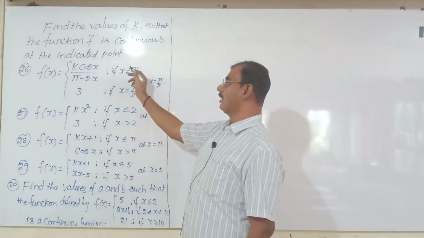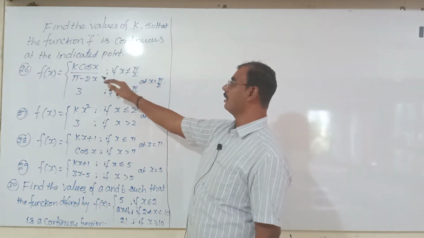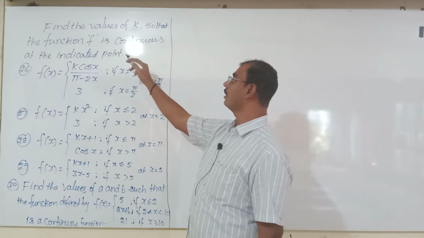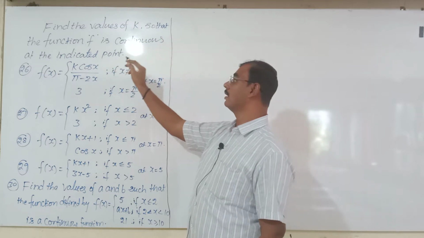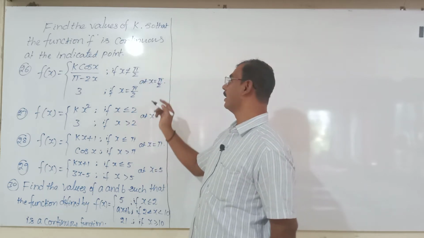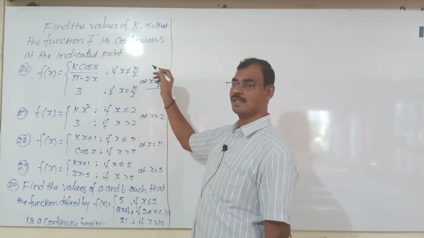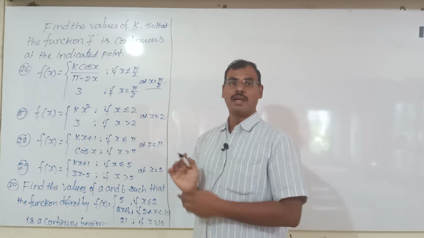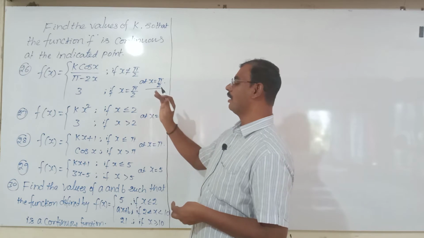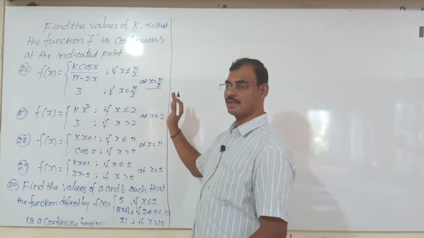So problem 26. Find the values of k so that the function f is continuous at the indicated point. So at this point it is continuous. Continuous meaning limit of f of x is equal to f of a exists.